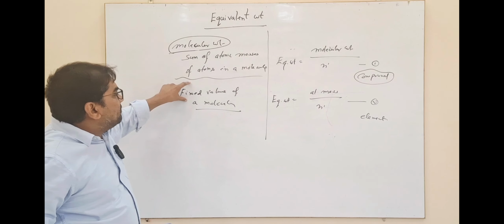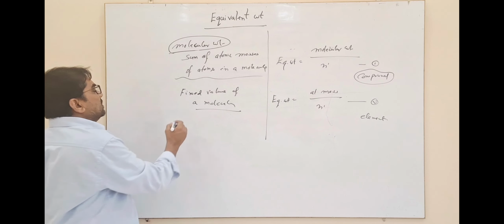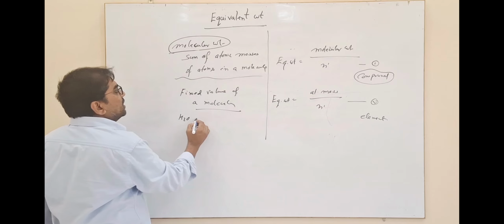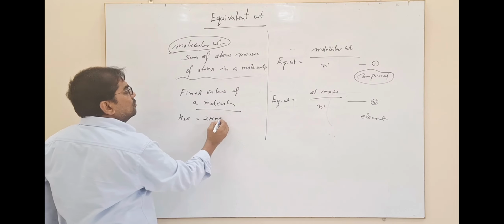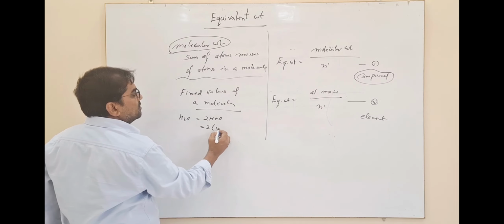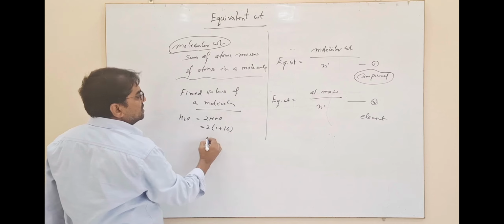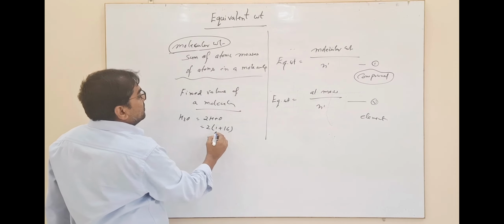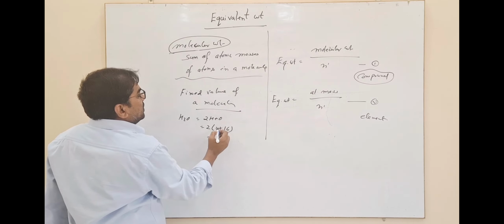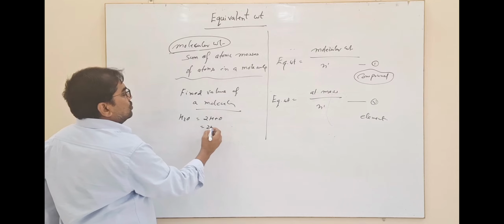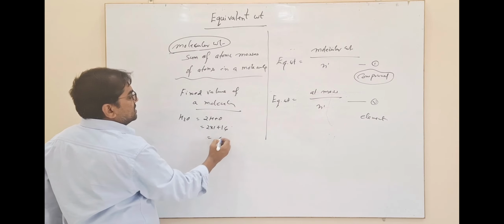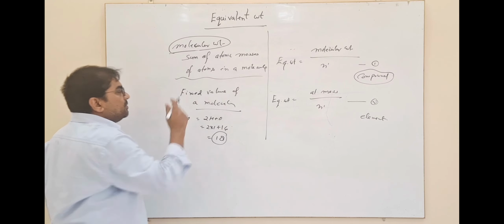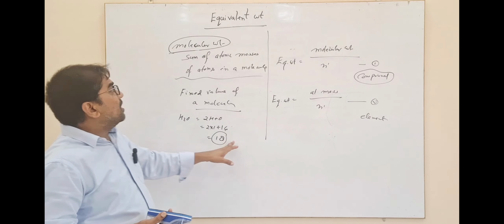Molecular weight is a fixed value for a molecule, that is, for water. It will always be 2H plus O, that is, 2 times the atomic mass of hydrogen, 1, and oxygen, 16. So 2 into 1 plus 16, therefore 18. 18 will always be the molecular mass of water.